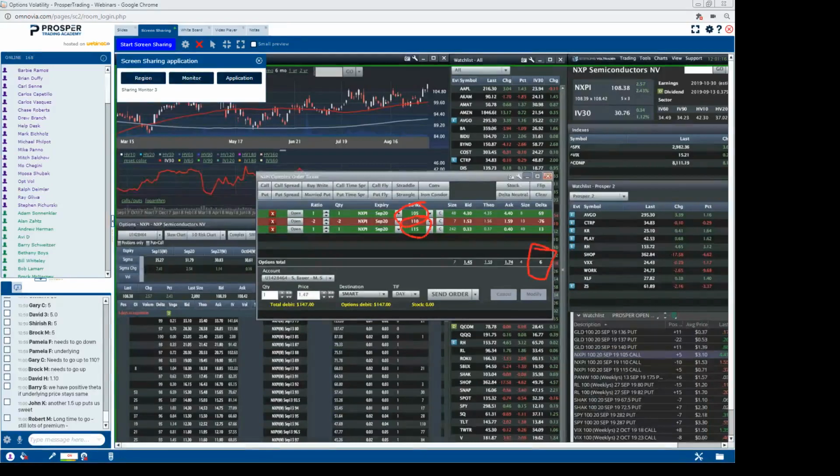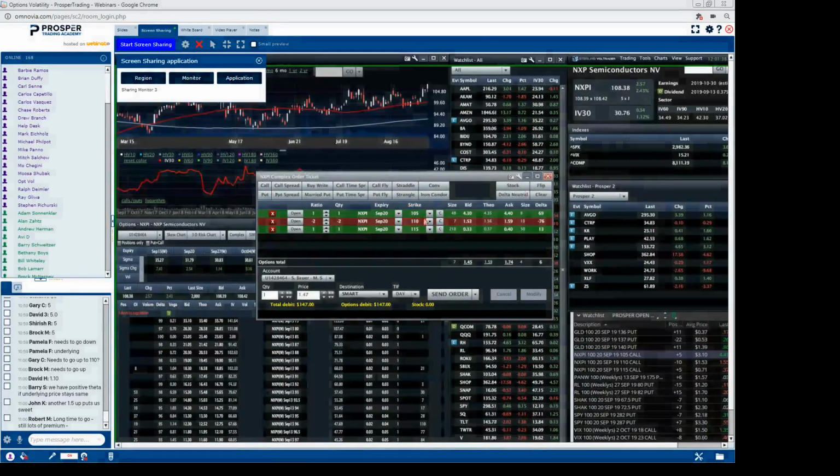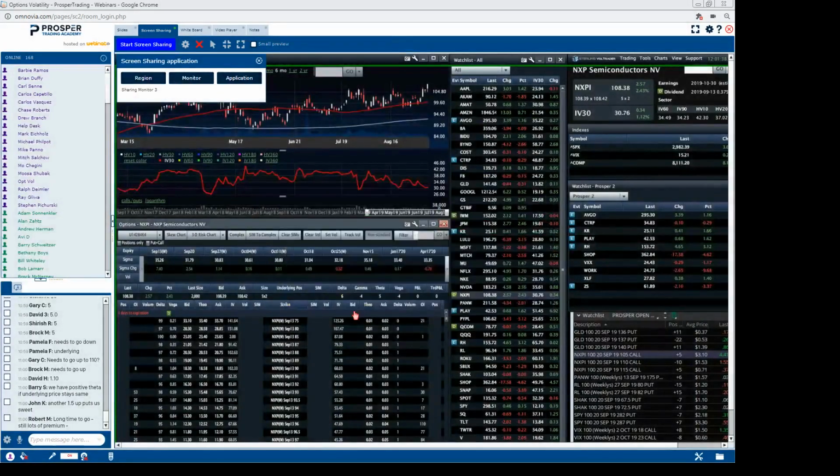So what if the stock goes down between now and expiration? Or what if the stock keeps going up, but flies way past the last strike, the 115?